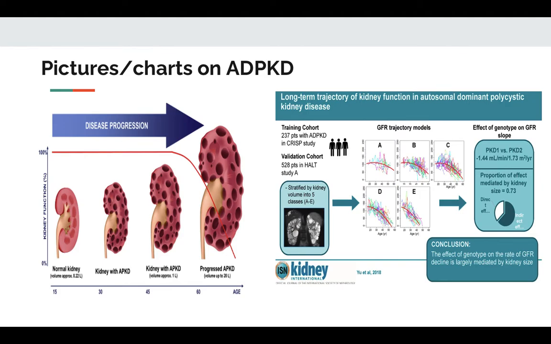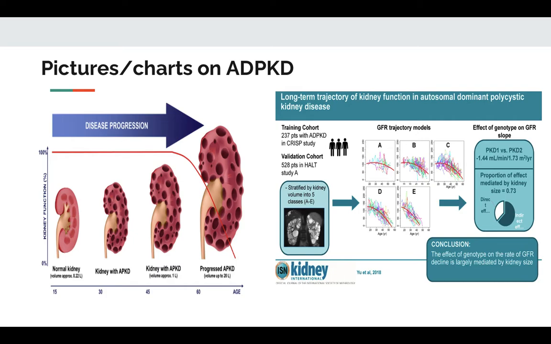On the right, we have a chart of long-term kidney function in this disease, and this is looking at a GFR trajectory model. So GFR is glomerular filtration rate, and glomerular filtration is one of the three functions of the nephrons, which basically filters out water and solutes within the blood, so it's obviously a very important function.